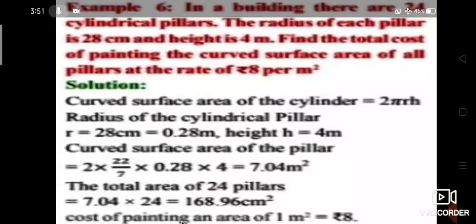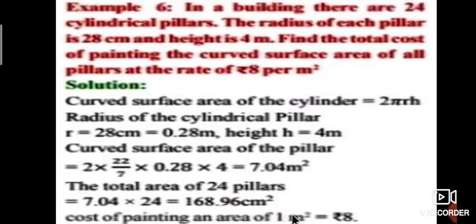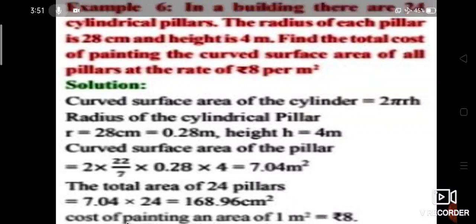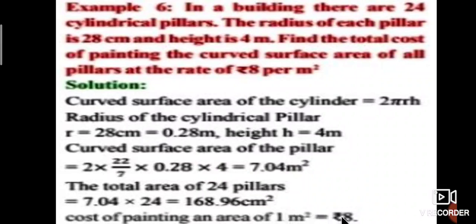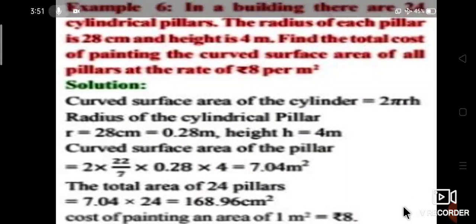Therefore, the cost of painting an area of 1 meter square is equal to rupees 8.